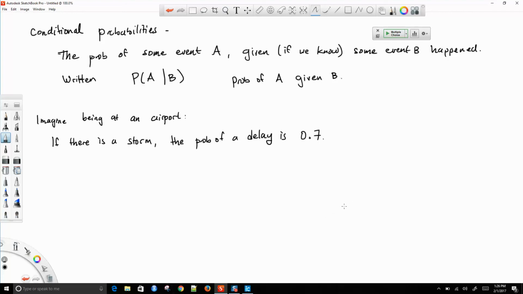Okay, so this is the probability of a delay if a storm has happened. So we would say probability of delay given storm. And we would say this is equal to 0.7.